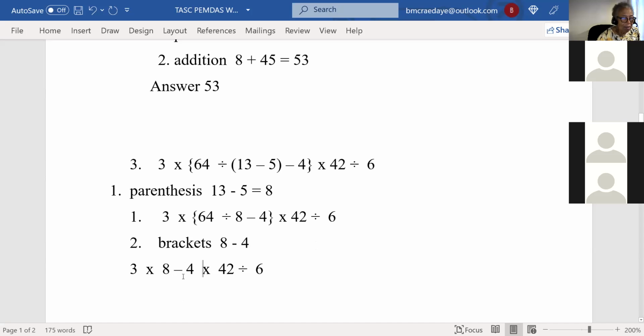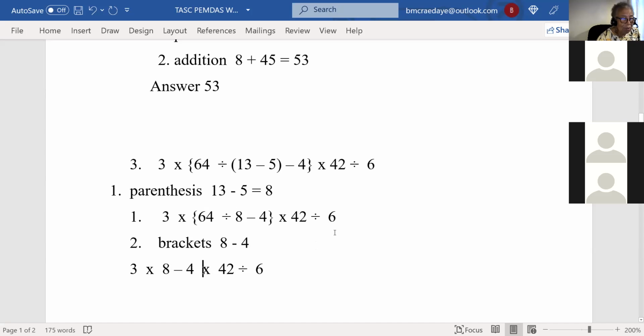So we have in the bracket 64 divided by 8, which is 8, and then minus 4. That was within the bracket. So what we have left is 3 times what we did in the brackets, 8 minus 4, then outside the brackets, minus 42 divided by 6.